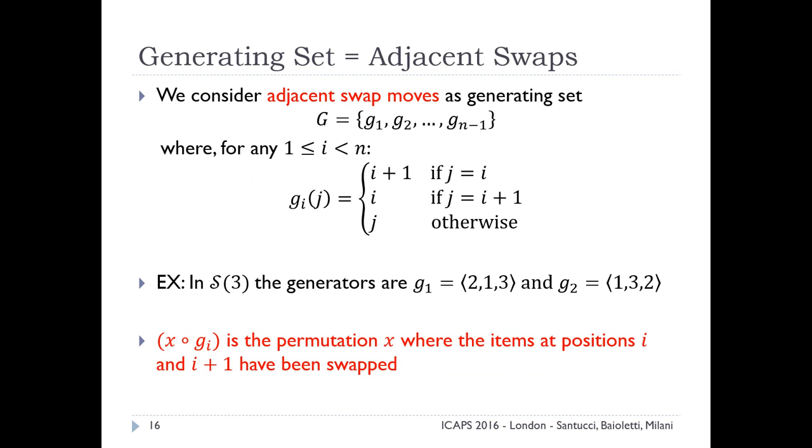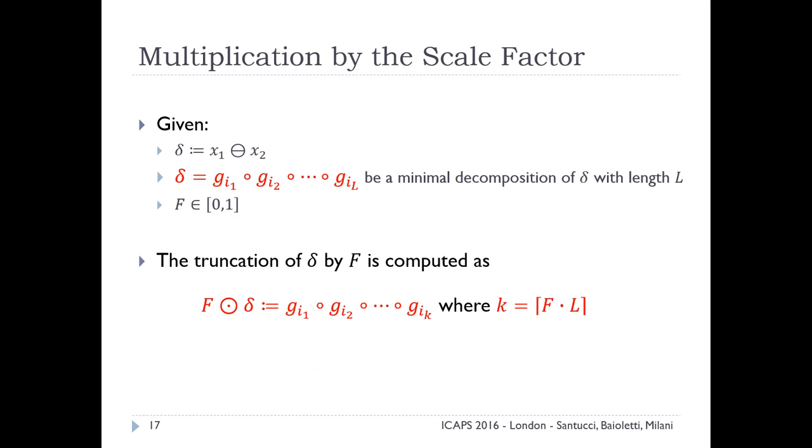So in this example, we have a permutation with 3 elements. The exchange between the first and the second element is this one. It's exactly the identity permutation where I have exchanged the first and the second element. So we have that x composed g_i is the permutation x where the items at positions i and i plus 1 have been swapped.